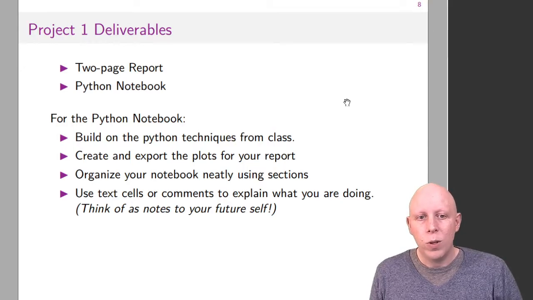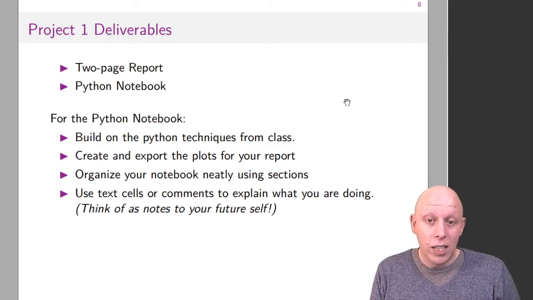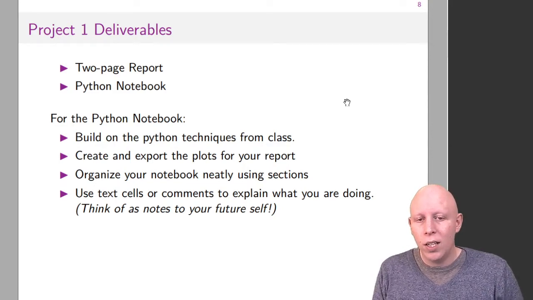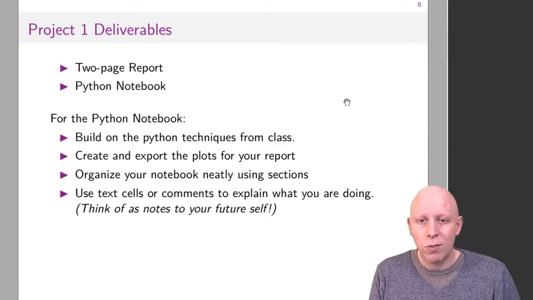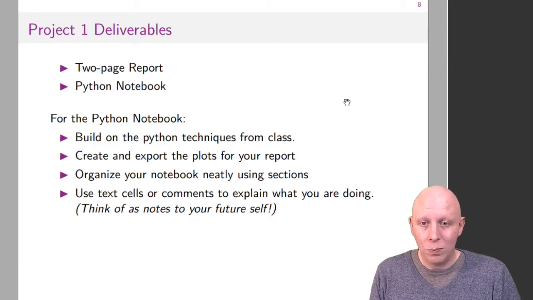And then you're going to create some plots, at least one plot for your report. You'll create it and export it from the Python notebook. In Colab, when you export it, it's accessible, which means you can just drag and drop into a Google Doc or into your Word document, which is very practical.